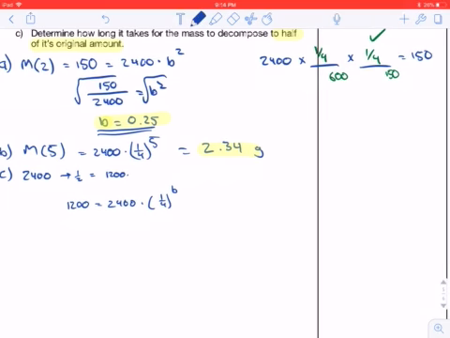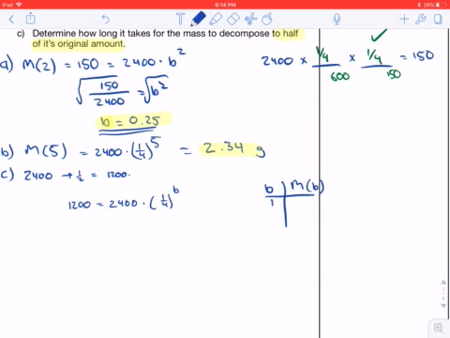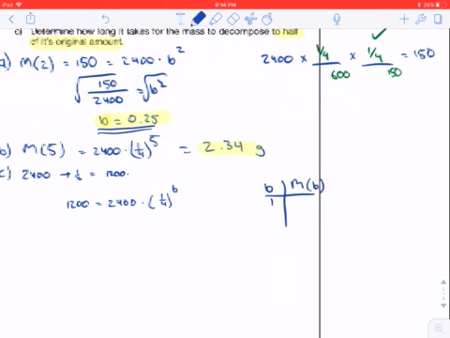You could do a guess and check here. A guess and check might be creating a table where you have t, and then you have your function m of t. If you put in 1 for t, we'd take 1/4 of 2400 and find out that we're at 600.